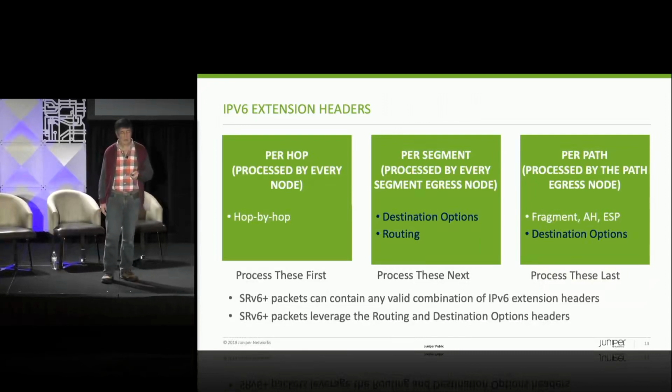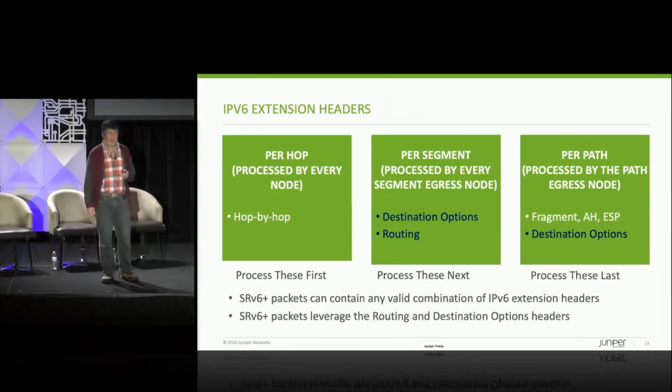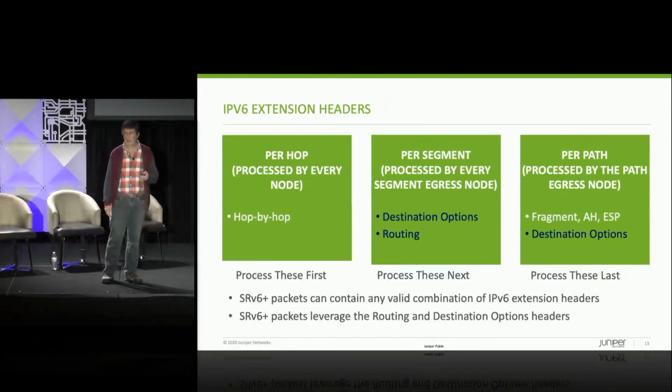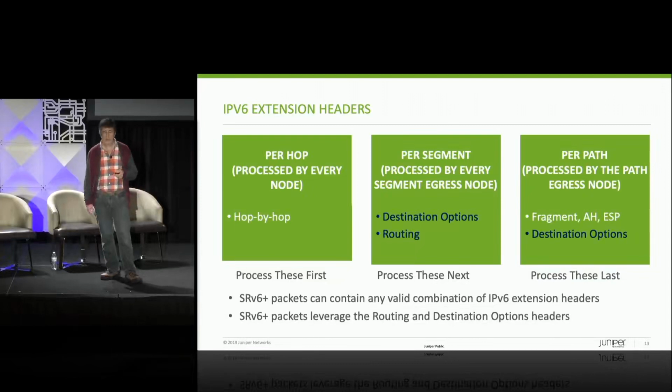Per segment extension headers are processed by every segment endpoint along a path. They only occur if there's a routing header in the packet. The per segment extension headers are the routing header and a destination options header that may precede it. And then the per path extension headers are processed only by the path egress node.